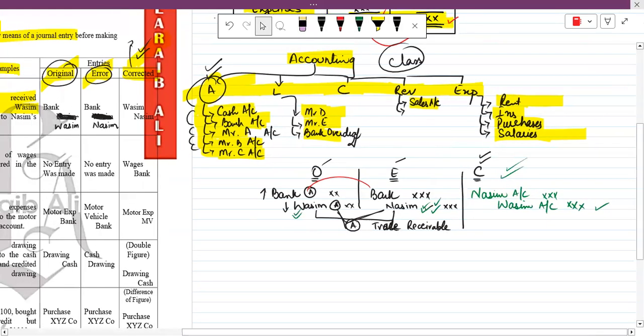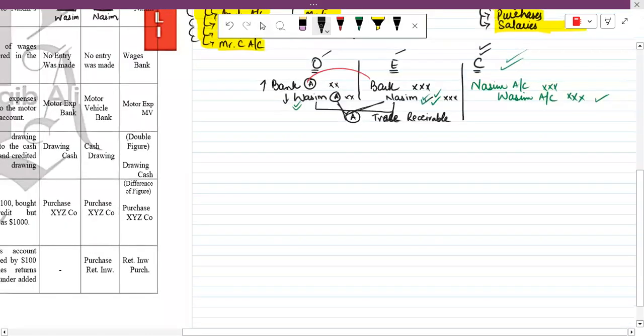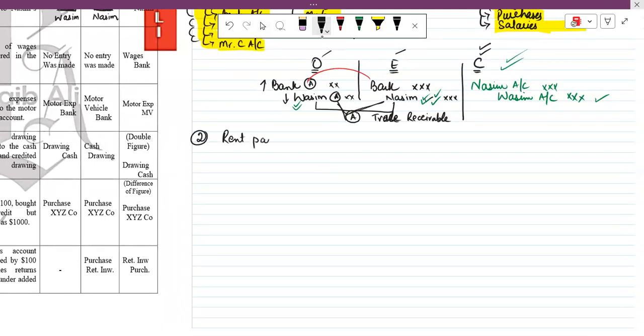Let me give you another example so you'll be able to understand that. The second example is, for example, rent paid by cash credited to bank account.